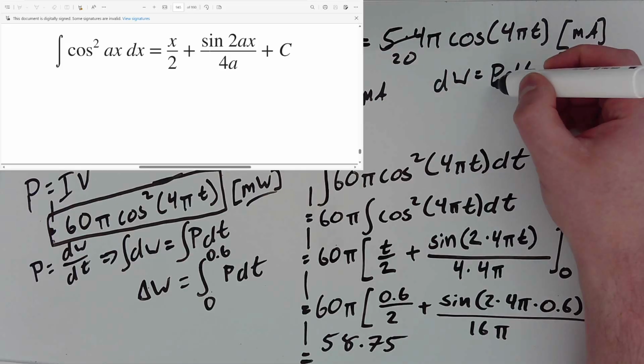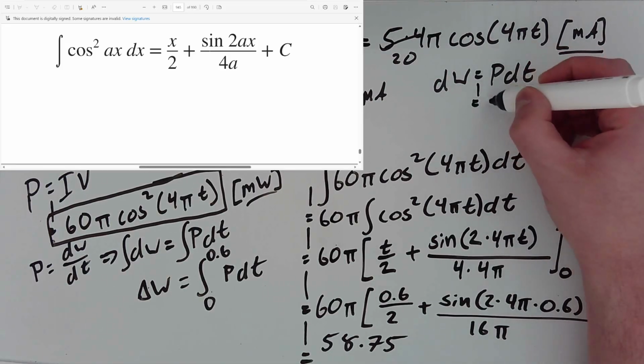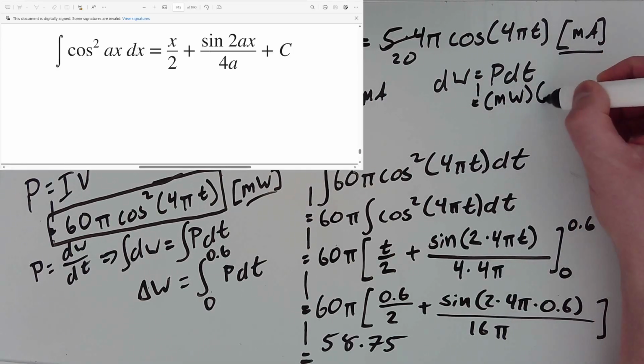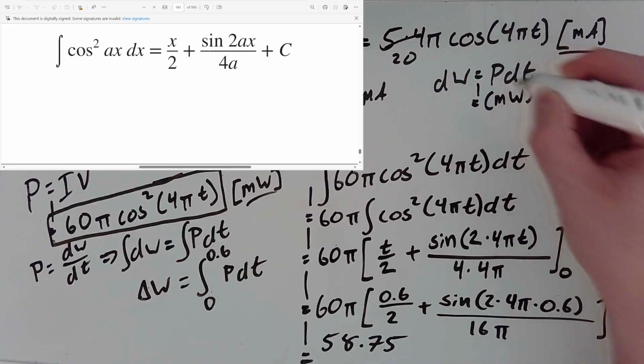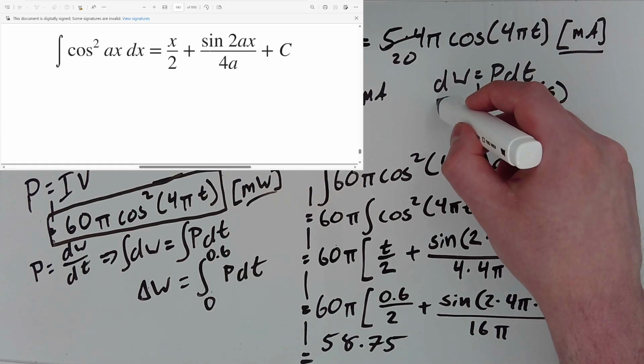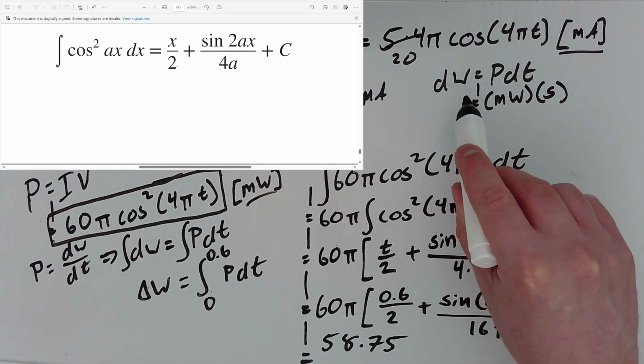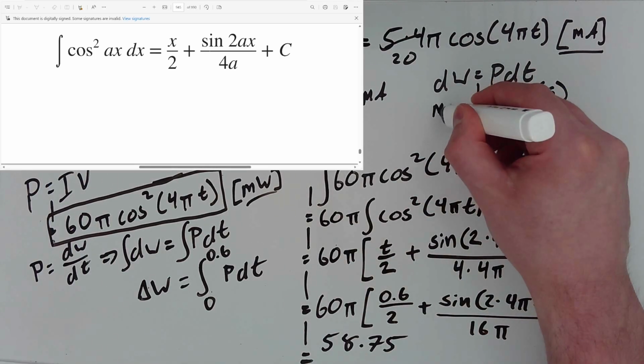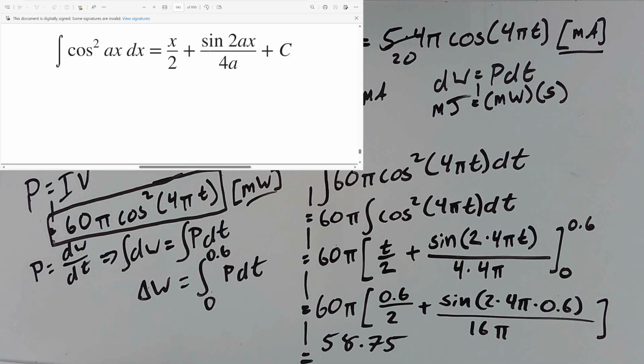So P was in milliwatts. Time was in seconds. Therefore, this has to be in the milli version of energy. So that will be millijoules. So it's millijoules. There you go.